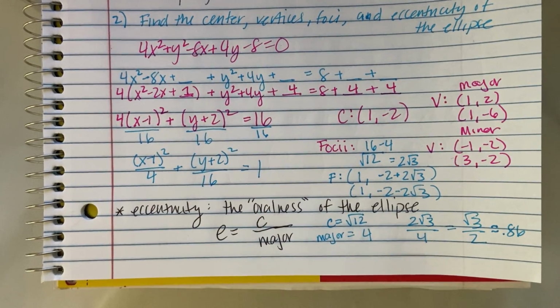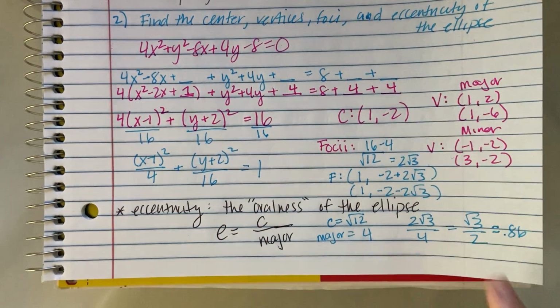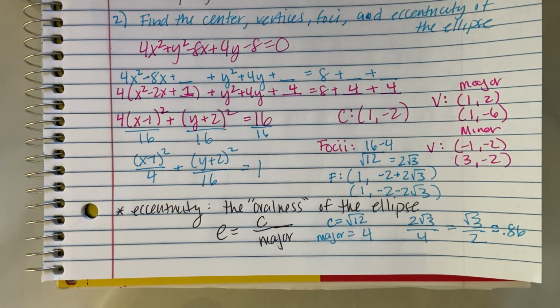It's not that close to a circle, but the closer to 0 you get... actually, I think the closer to 0 it gets, the more it's a circle. I misspoke. The closer to 1 it gets, the more oblong looking it is.